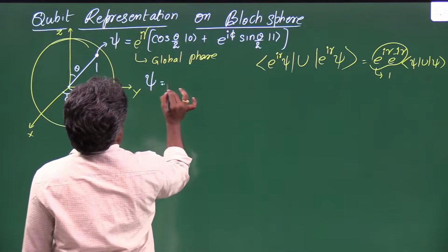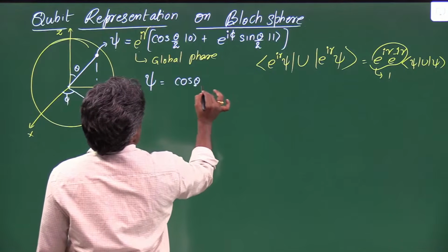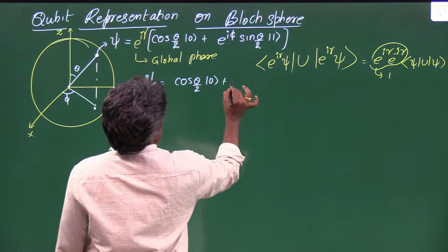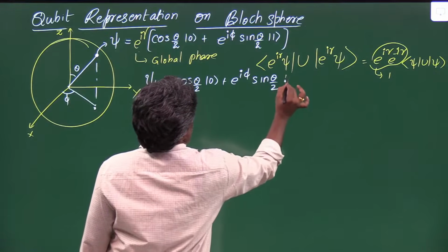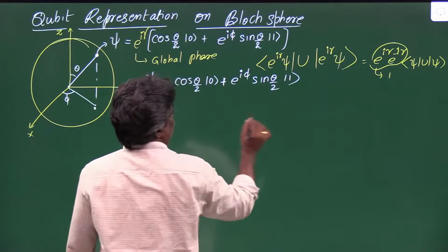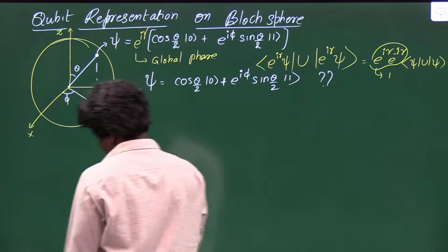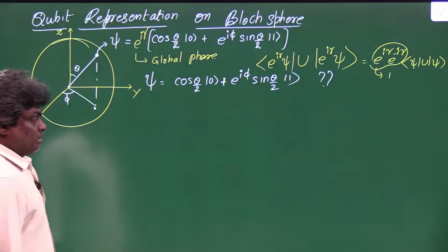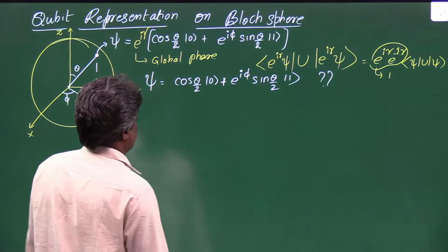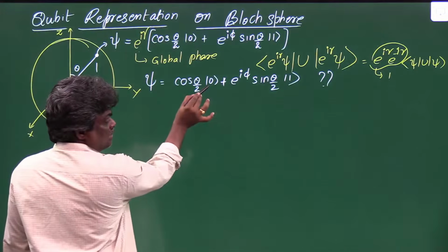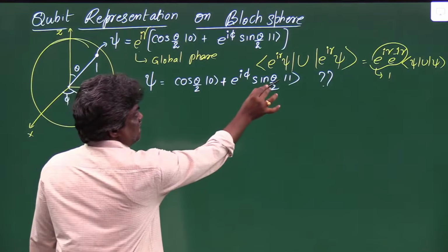Finally our state is cos theta by 2 ket 0 plus e raised to I phi sin theta by 2 ket 1. Now the question is, how did we get theta by 2? Cos theta by 2 ket 0 plus e raised to I phi sin theta by 2 ket 1.